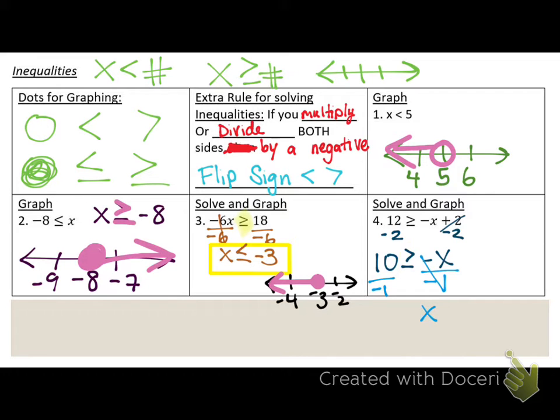But I'm dividing by a negative, so I have to flip the sign. And it'll be a -10. This would be fine, except that I cannot graph in the direction of the arrow, so we're just going to flip it around. So what will it turn into? x is greater than or equal to -10.